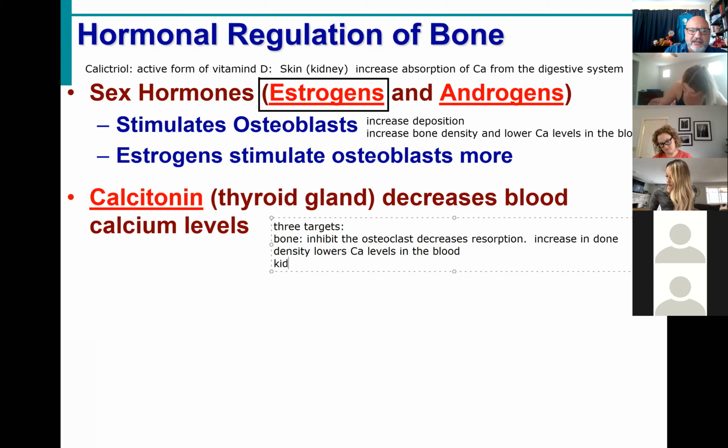All right, but that isn't the only target. A second target of calcitonin is the kidney. While you're sitting here in class, resting in your chair, 25% of your blood is being directed to your kidneys, because your kidneys' job is to filter your blood. In fact, you filter 200 liters of substances out of your blood during the course of a 24-hour period of time.